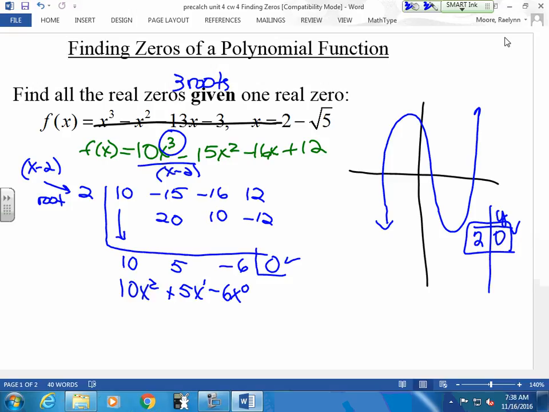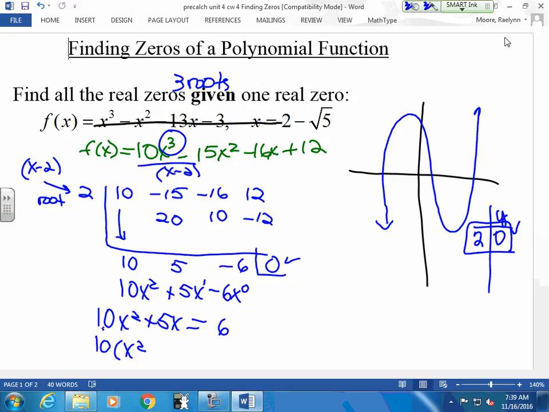Complete the square. So remember, if you're going to use complete the square, because you're solving for your roots, you can throw the 6 onto the other side. You don't need the vertex, you need the roots. So I have to factor out a 10, right? So I get x squared.